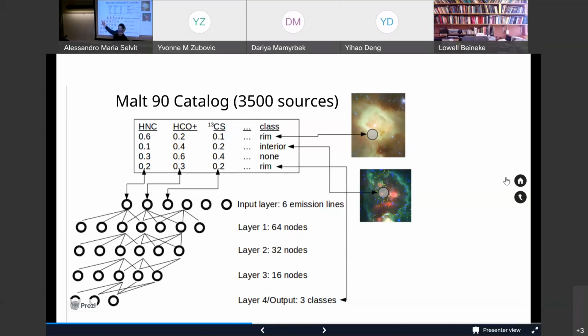If that weighted sum is a positive number, it then gets passed on to the layer below. If it's a negative number, the node value gets reset to 0. So different weighted sums are created in each node. Physically, the idea here is we're looking for unusual combinations of line strengths that might tell us this source is interior, this source is rim, this source is none.